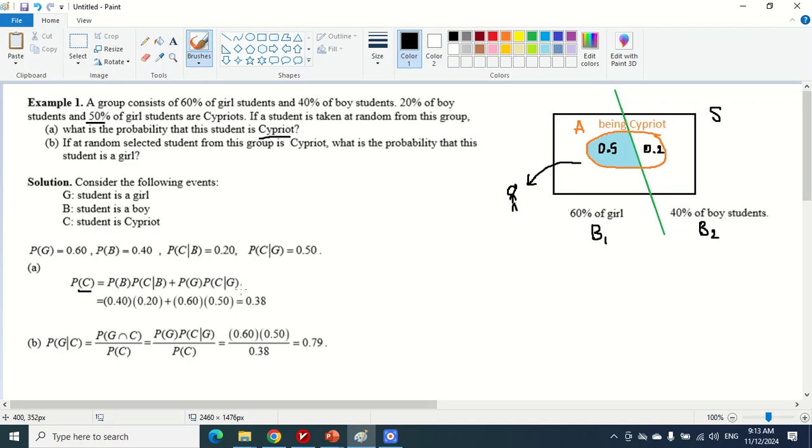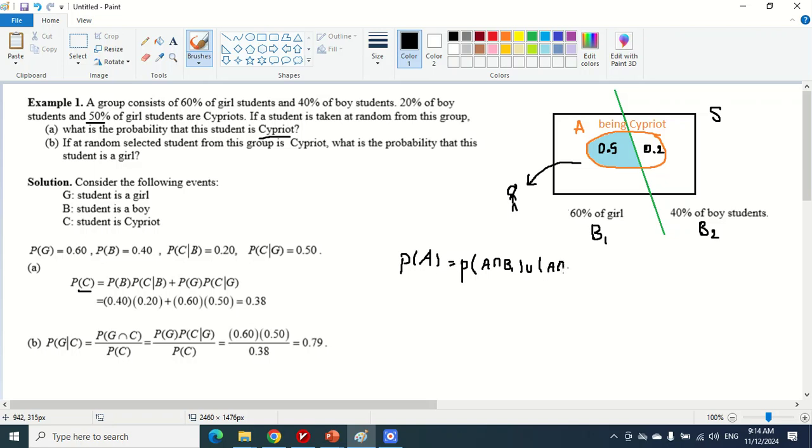If you remember, the probability of A in the shape we have is equal to the union of two sets: the probability of A intersected by B1, union the probability of the event A intersected by B2.